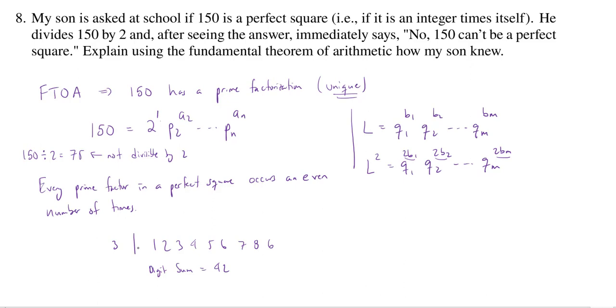But we also have a 9 divisibility rule which says, again, if the digit sum is divisible by 9, then the original number is divisible by 9, and vice versa. Well, 42 is not divisible by 9. 9 is not a divisor of 1, 2, 3, 4, 5, 6, 7, 8, 6. Well, what does that tell us? 3 is only a factor a single time, and therefore this number is not a perfect square. There we go. Man, my son's pretty smart.